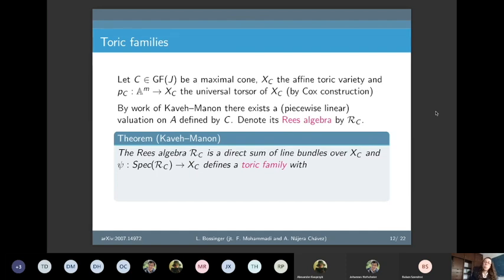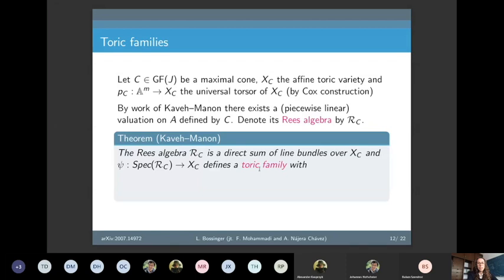More precisely, the Rees algebra is a direct sum of line bundles over the toric variety, so it is flat over the coordinate ring of my toric variety. And actually the basis here is again the standard monomial basis with respect to the cone C. But as such a sum of line bundles, the Rees algebra defines a toric family that is given by the spectrum of the Rees algebra, and the base is given by xc.